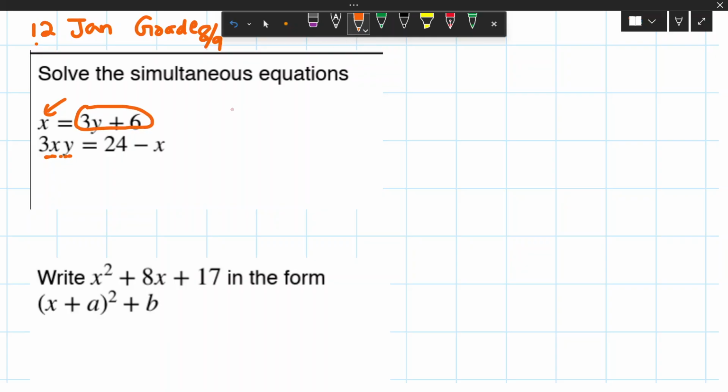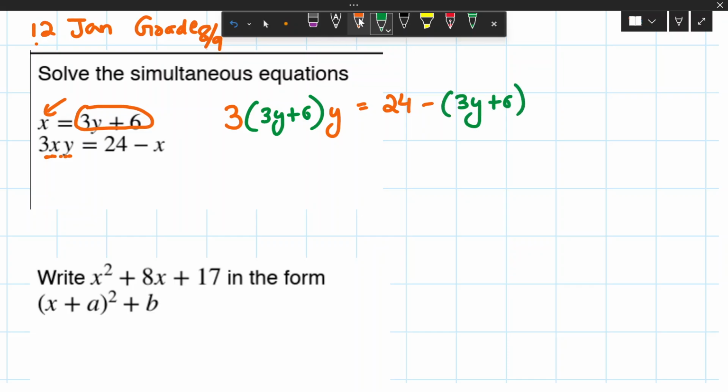So that means this would now become 3 lots of, in place of x, we get to write 3y plus 6, and y remains as y, is equal to 24 minus, in place of x, we're going to write 3y plus 6. So we've got that bit. And obviously, we could expand the brackets now.